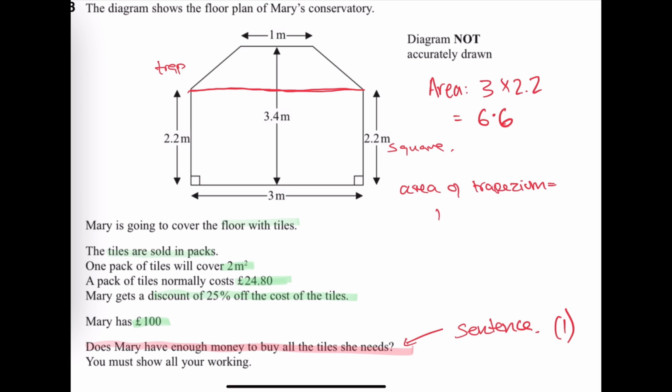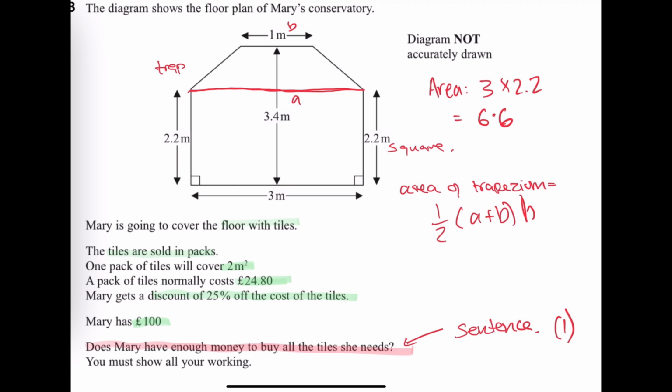It is half times base plus height. So if we label this, it will be a and b. So the area is half a plus b, times by the height.